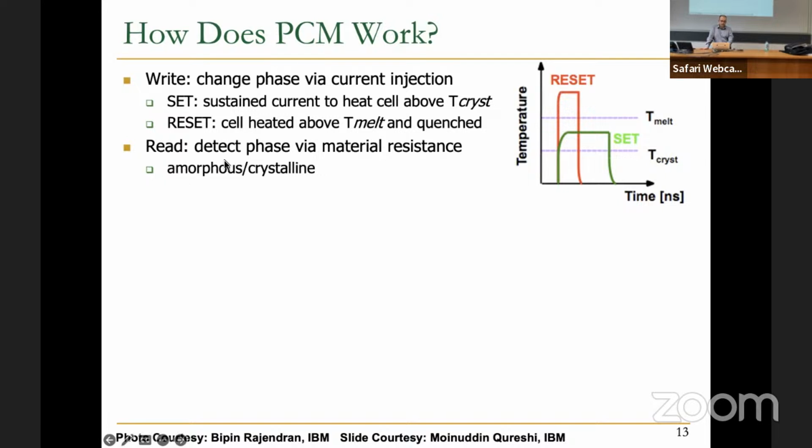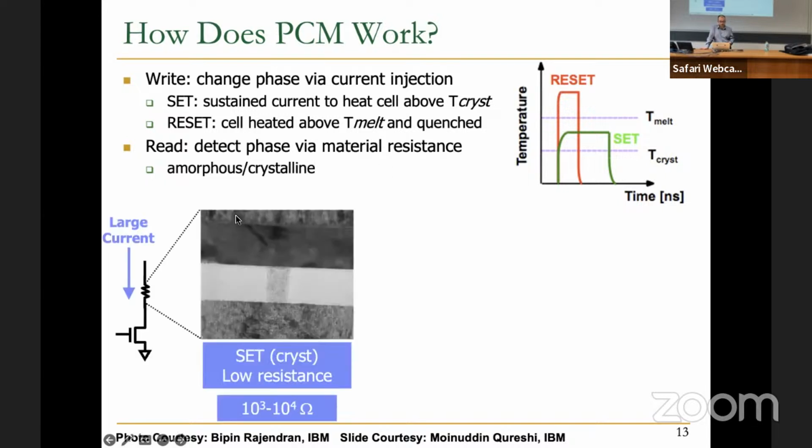And then for reading, you need to detect the phase via the material resistance, whether you're in amorphous or crystalline. An interesting thing is that when you do set and get crystalline, you get a resistance of 1K to 10K ohm.